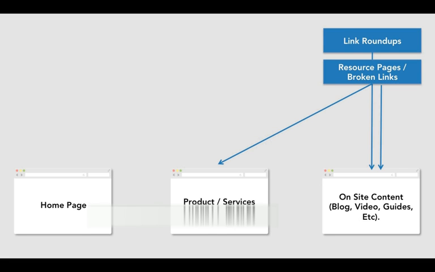If somebody has a resource page for the top WordPress plugins, you can check it for broken links and then pitch your WordPress plugin instead. Of course, it's going to be linking to either your homepage or your product or services page. So in that sense, you could be pitching a product or service page, but 9 times out of 10, especially if you're a service-based business, you're going to be pitching content.